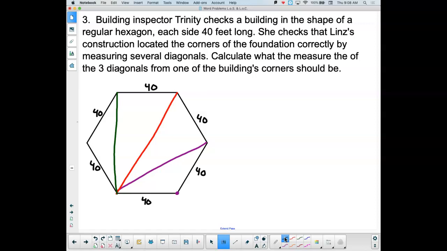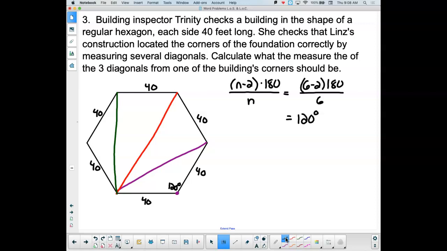What do we know? How do we come up with the interior angles are 120 degrees? So this is 120 degrees here.